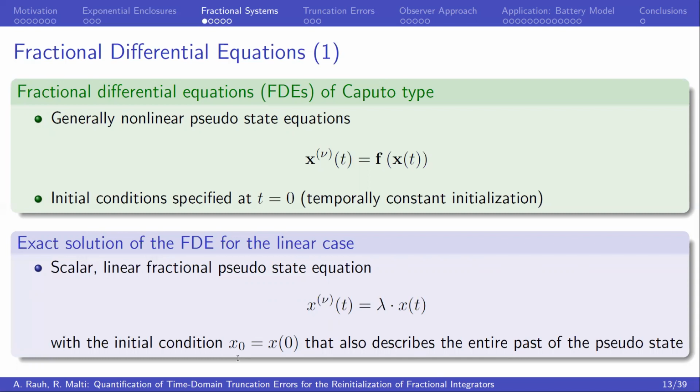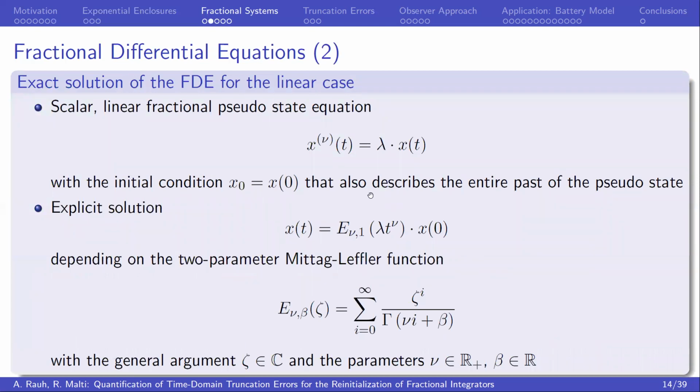In such cases, the corresponding solution of the fractional differential equation, this is due to the corresponding initial conditions that I just explained, a fractional differential equation of Caputo type, can be computed in a closed form. The closed form solution in this case depends on the so-called Mittag-Leffler function. The Mittag-Leffler function, capital E, is described by the series representation that you can see in the lower part of the slide, where nu is again the fractional derivative order, and capital gamma is the corresponding gamma function.